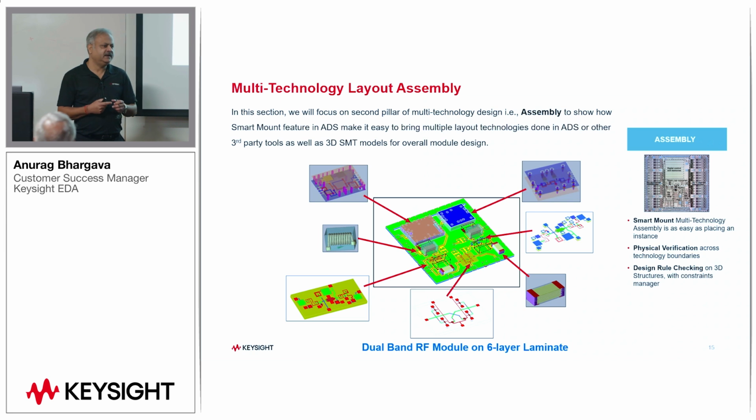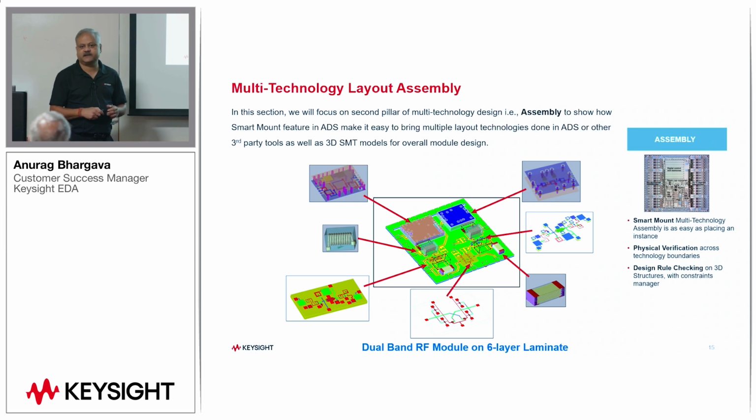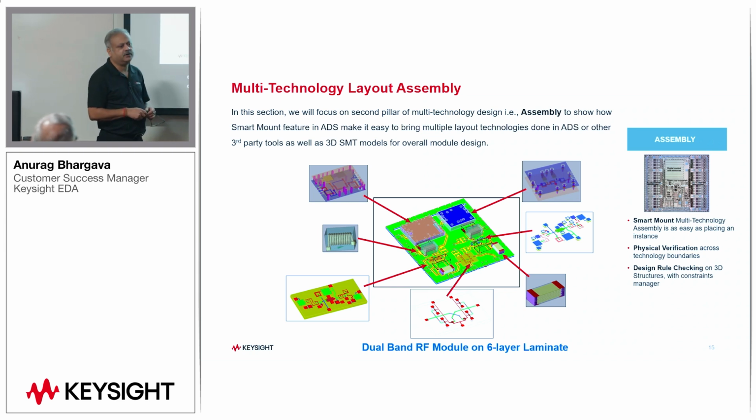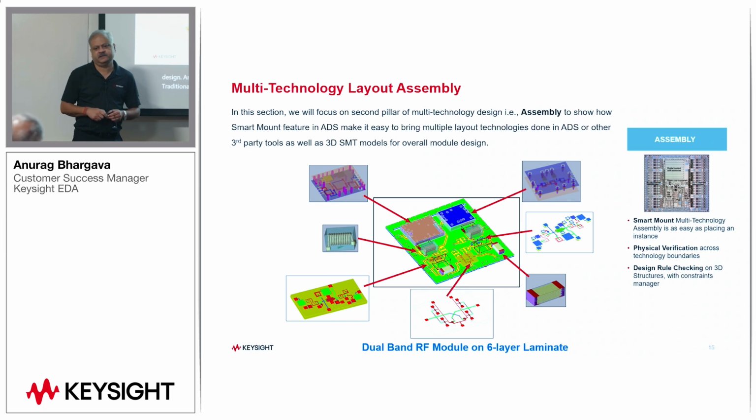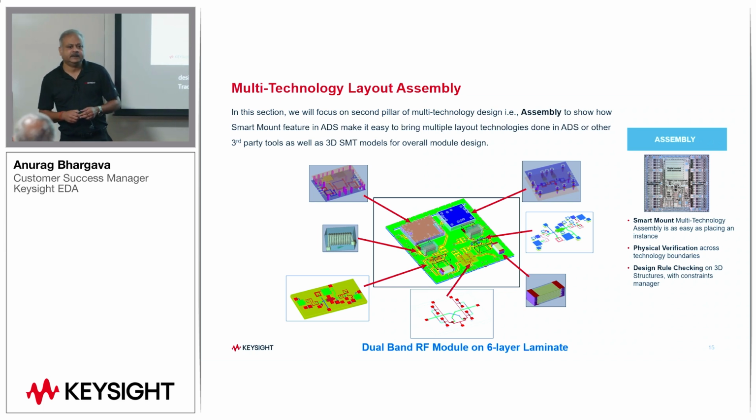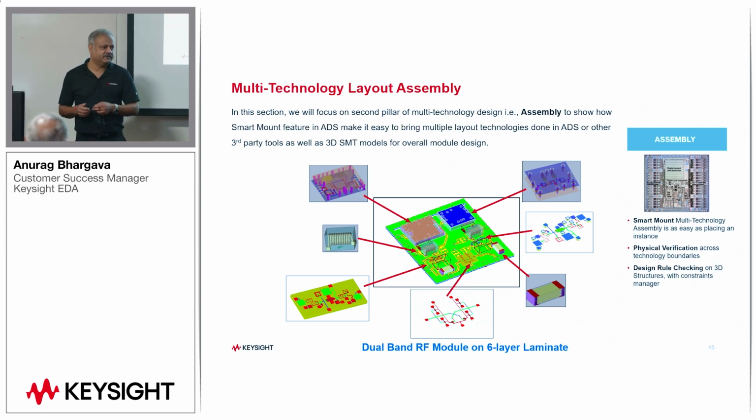Now, vendors like TDK, Murata, and a few others, if you request them, they can give you 3D encrypted or unencrypted models for their components so that you can bring them into your ADS design and even integrate that. So in my next demo, I will show you some examples of how these models work. Traditionally, when you talk to these vendors, they give you an encrypted model in a third-party format, which is namely HFSS right now.